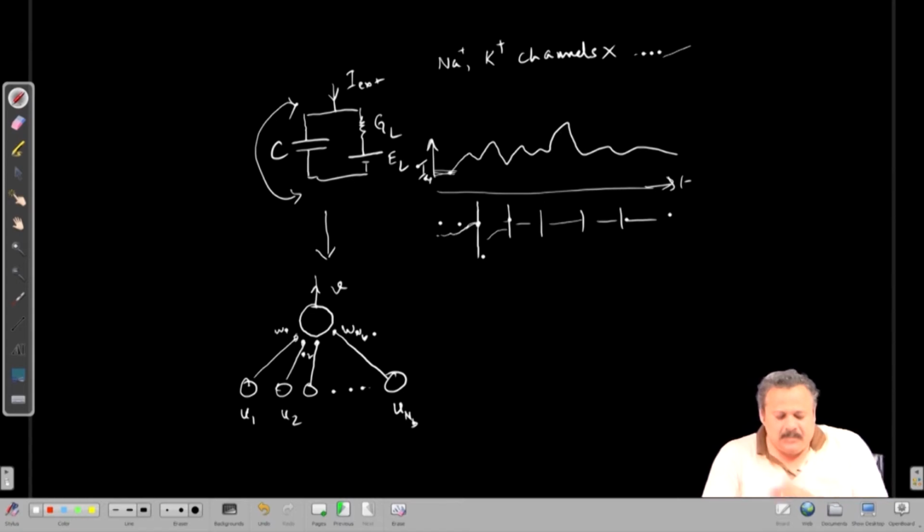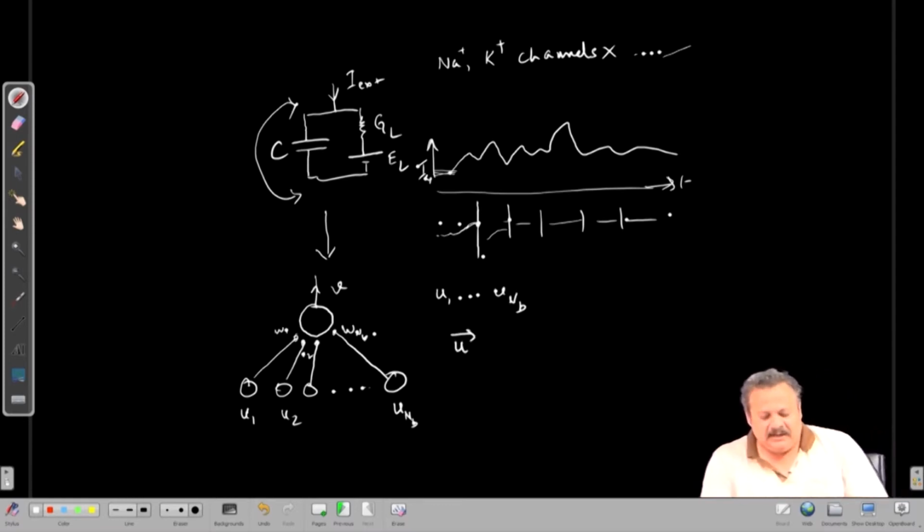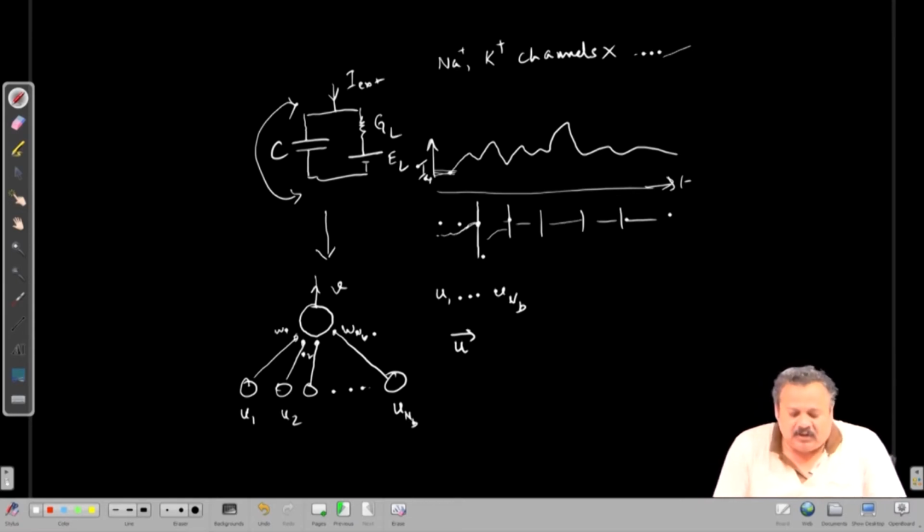So the input activity is represented by U1 up to UNB, and hence we can represent it with a vector U, the rates of inputs of the presynaptic neurons. And the postsynaptic neuron V takes these inputs.